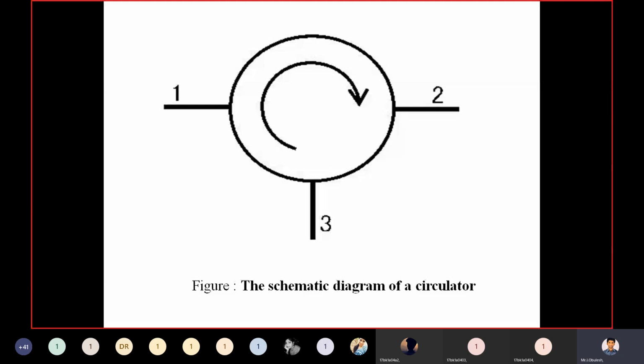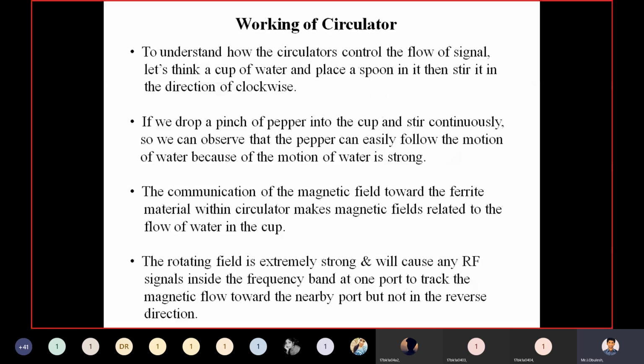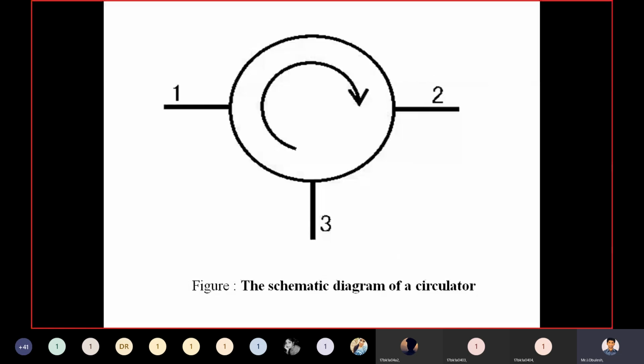Coming to the working principle, to understand how the circulator controls the flow of signal, let us think of a cup of water and place a spoon in it.